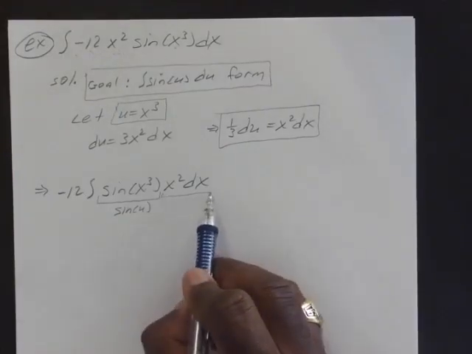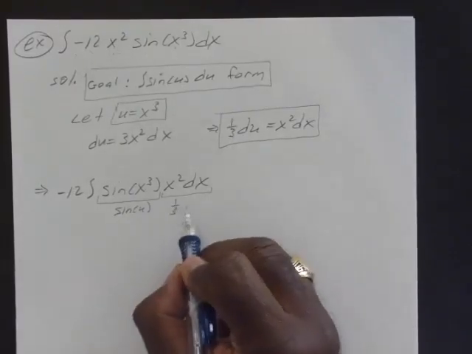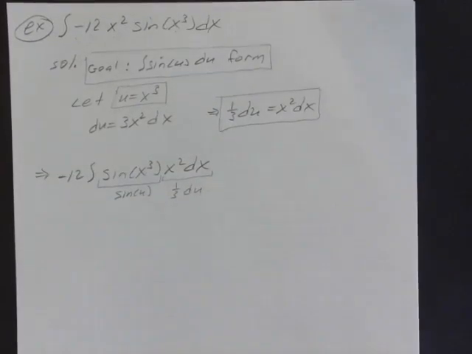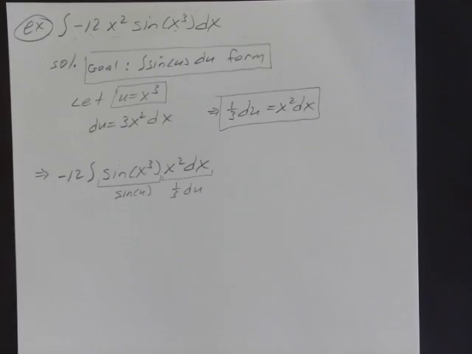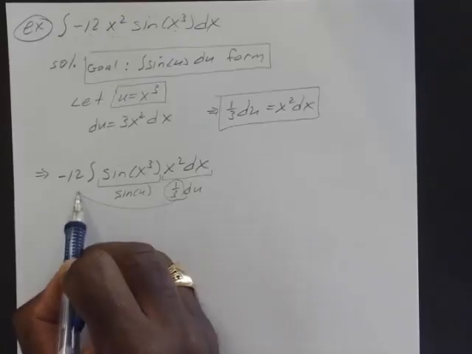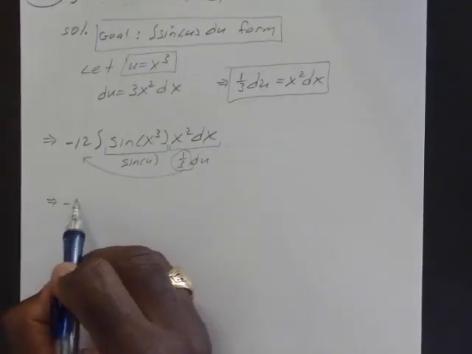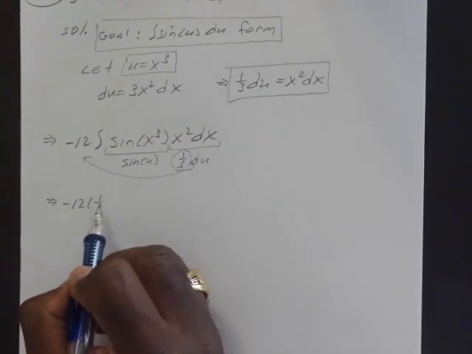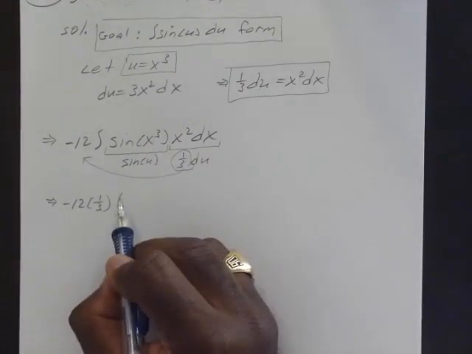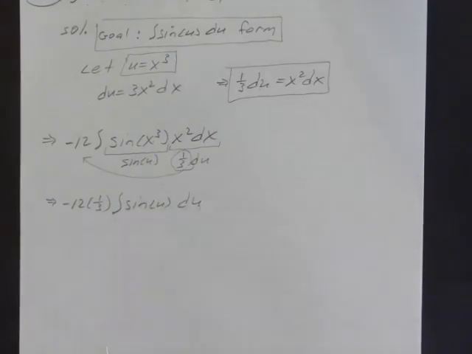And that x squared dx, that will give us our 1/3 du. So if we take this 1/3 and just factor it out to the front, that will give us -12 times 1/3 times the integral of sine of u du.